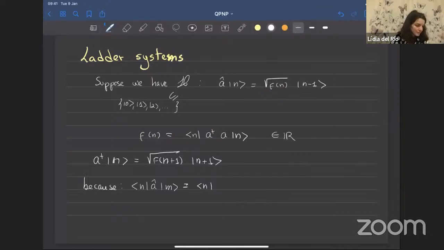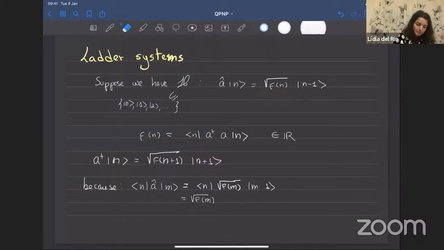Now I have here this operator acting here, gives me the square root of f of m, and here gives me m minus 1. So what is this? This is the square root of f of m, and now we have here n, m minus 1.